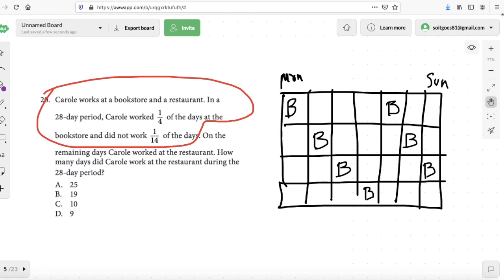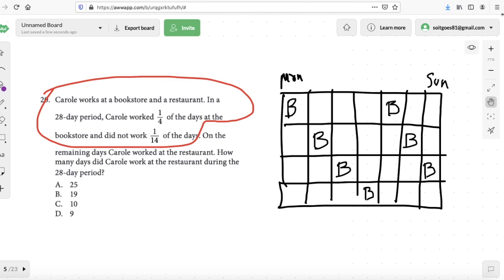Now, let's talk about the math operation, because it's worth knowing too. If you want to find the fraction of something, like working 1/4 of the days of a 28-day period, just multiply the original value, here the 28-day period, by 1/4.